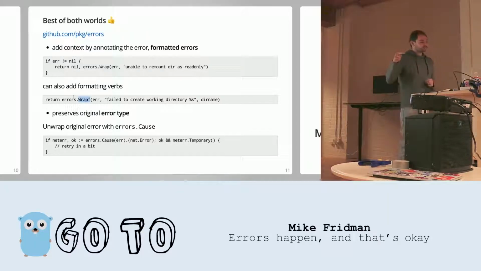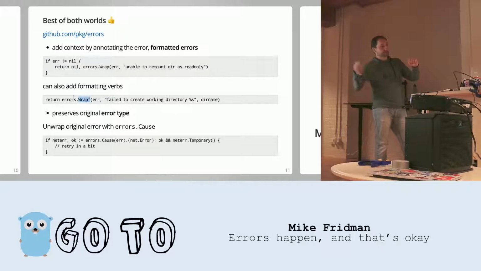But in addition to that, this package comes with a function called errors.Cause. So let's say you return to the caller errors.Wrap, and that caller has the ability to inspect the error. They can do errors.Cause. They can get the underlying error. So the way Cause works is it looks recursively for the very first error that you got.